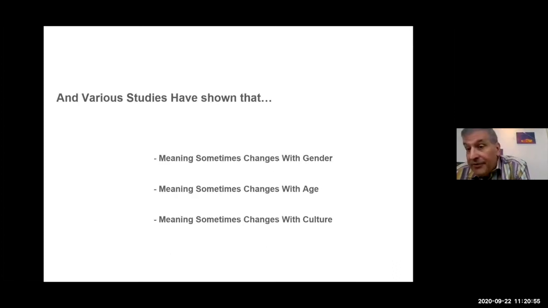And when it comes to meaning, there are many, many hundreds of proper academic studies which suggest that meaning can change at times dependent on gender. Meaning can change at times with respect to a person's age. The young person has no time for philosophy. The older person has no time for anything other than philosophy, an idea that goes back thousands of years.